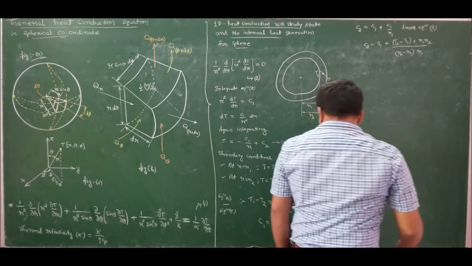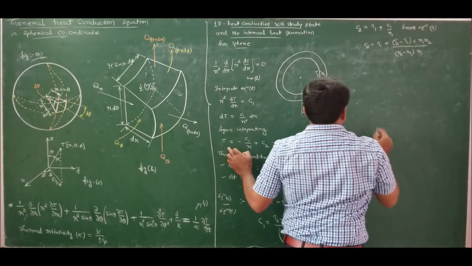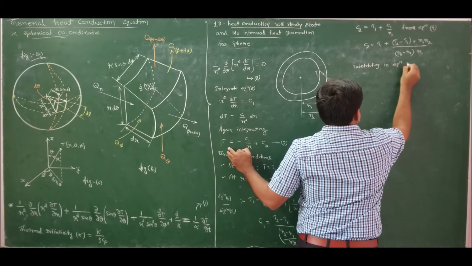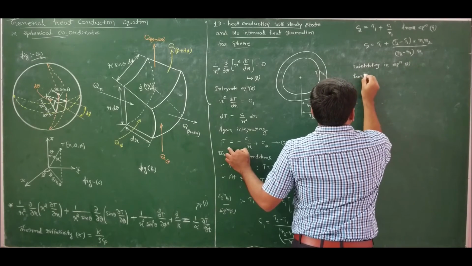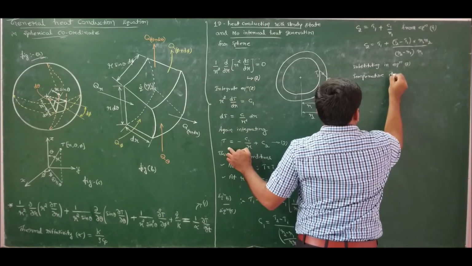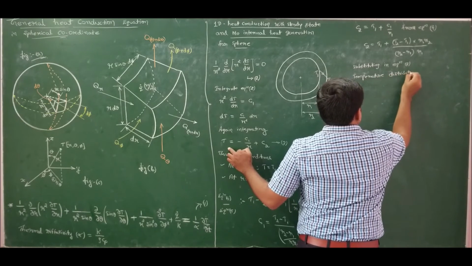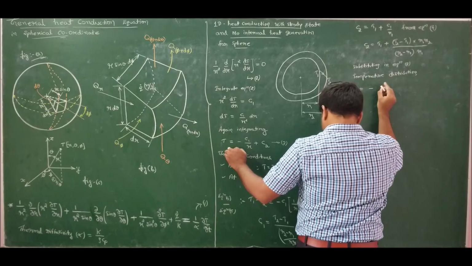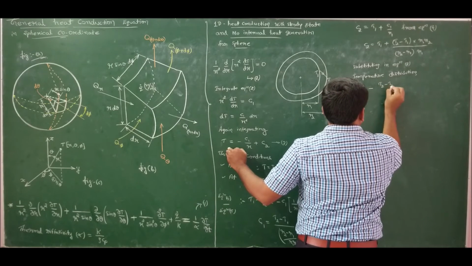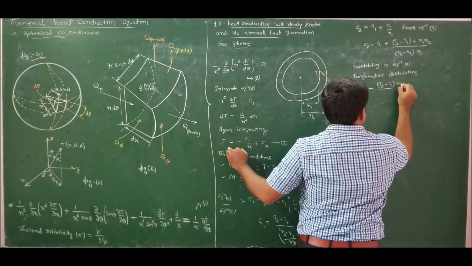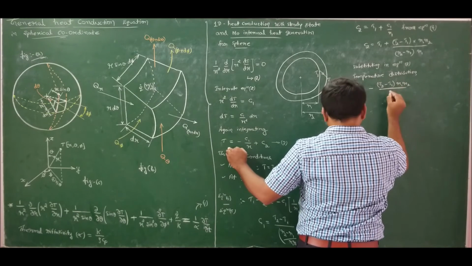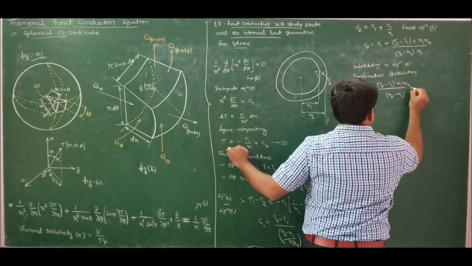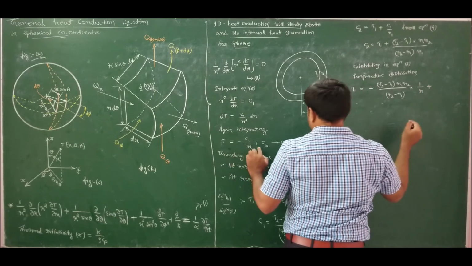Now we know the value of C1 and C2. From equation 3 I will get the temperature distribution. Substituting in equation 3, the temperature distribution will be T is equal to minus C1, where C1 is T2 minus T1 into R1 R2 divided by R2 minus R1, into 1 by R, plus C2.